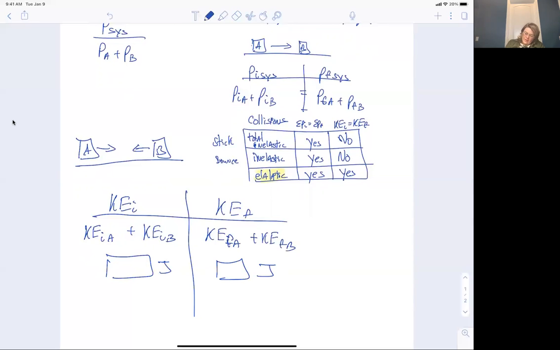You might be asked what type of collision it is. Is it elastic? You would have to prove that these 2 numbers are the same. We don't know, we have to calculate it, all right?